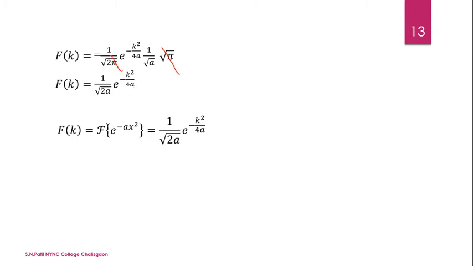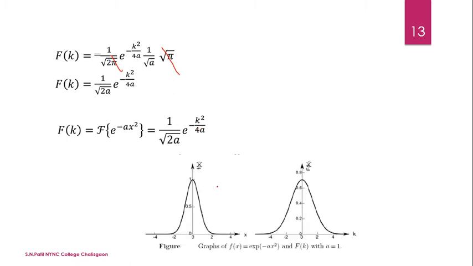And so we prove that the Fourier transform of the exponential function is 1 upon under root 2a e raised to minus k square upon 4a. Now the graph of the exponential function: see, this is the x-axis, this is f of x.